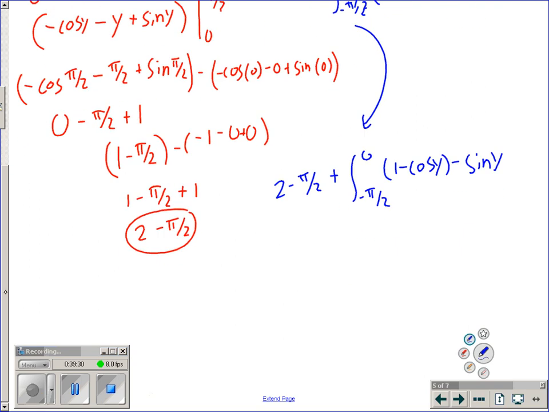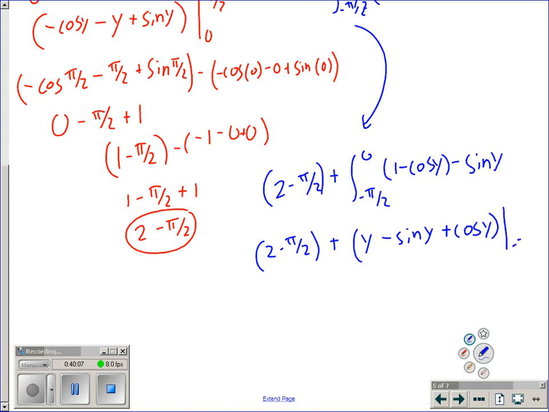Okay, so let's see here. I'm doing this quantity plus this. This would be 2 minus pi over 2 plus the integral of 1, which would be y. The integral of negative cosine is going to be negative sine of y, and the integration of negative sine of y is going to be positive cosine of y.